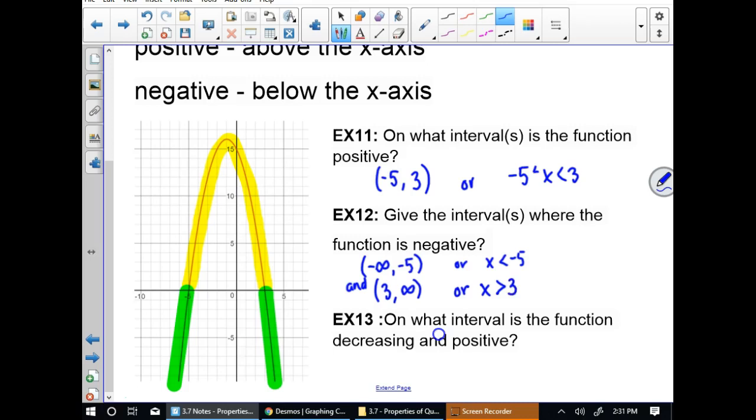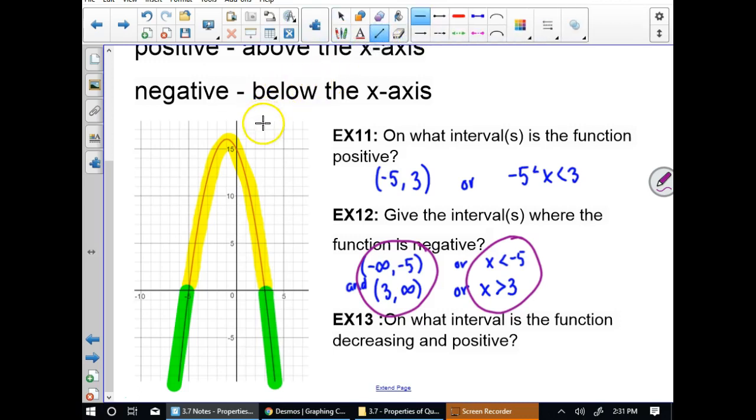So you can either give this as your answer, or you could give this as your answer. You've got two sections there. Remember, you're not giving y values. I can't tell you how many students will put 3 to negative infinity because the y is going to negative infinity. But we're only talking about x values here.